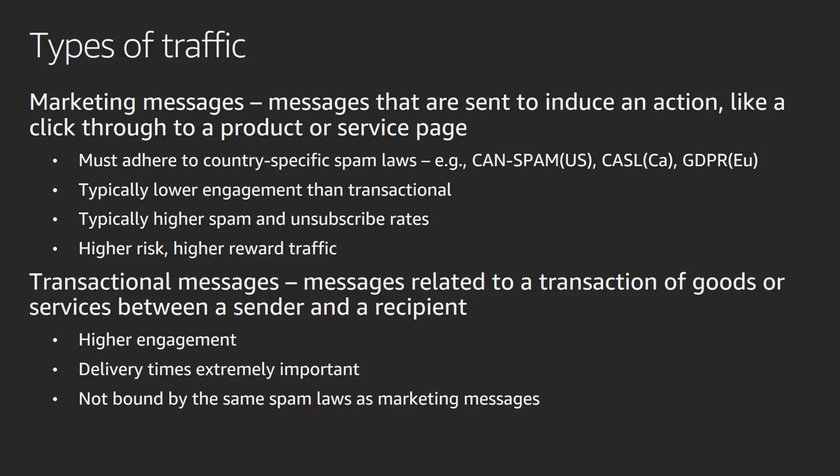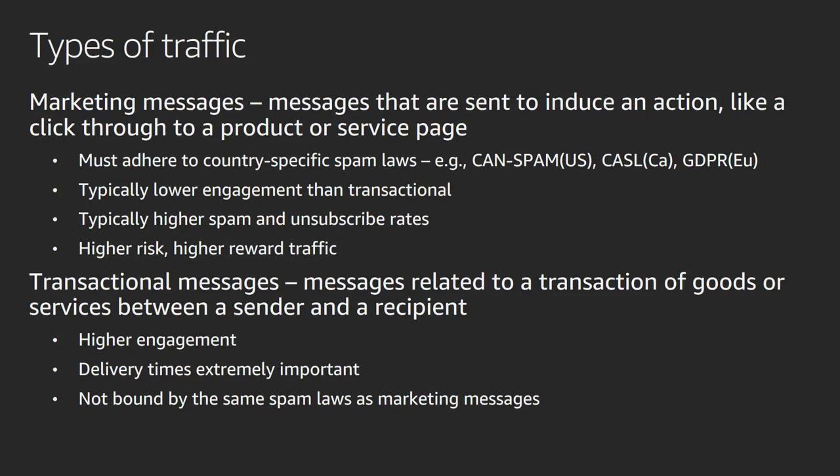Transactional messages are related to some sort of transaction of either goods or services between the sender and recipient that has already been established. And transactional messages are just an indication or notice of that information. So it's typically higher engagement because it's things like password resets or receipts or tracking. So people are a lot more interested in that information because it's pertinent to something that they specifically requested.